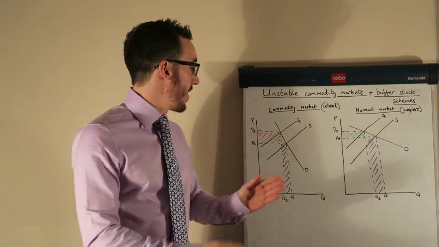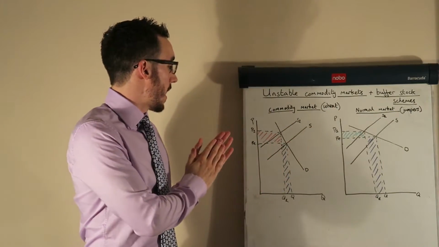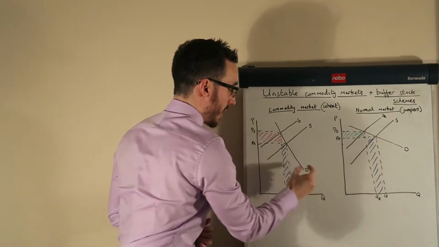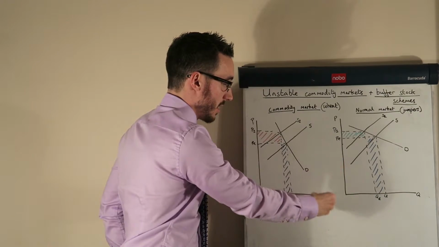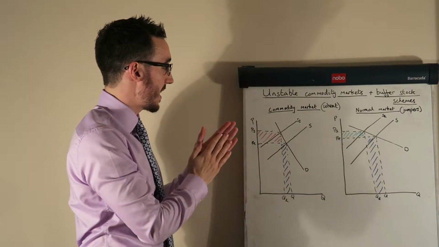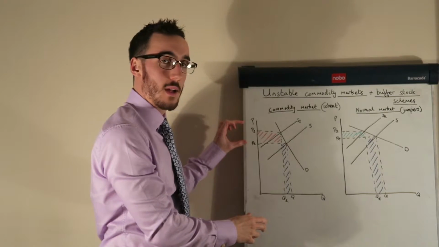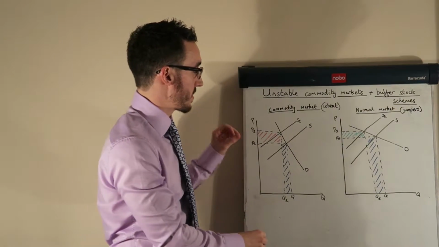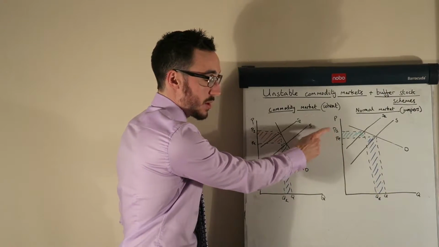So as you can see here on the graphs, in the two different markets, shaded in blue, we have the change in quantity. There's been a decrease in quantity in both markets. A fairly similar decrease in both markets. But as you can see, the price increase has changed a lot in the commodity market. Whereas the price increase in the normal market has changed only a small amount.